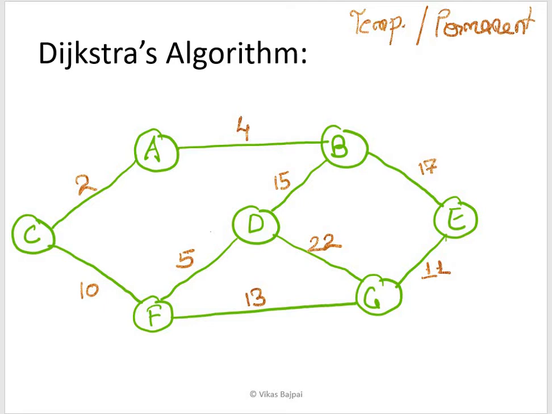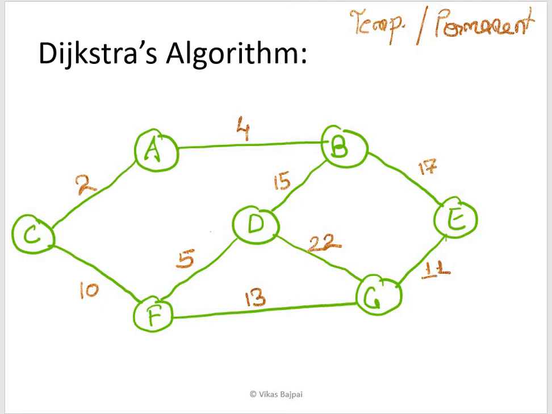Temporary labels are assigned to the nodes that have not been reached, while permanent labels are given to those nodes that have been reached and their distance or the cost to the source is known. So a node must be a permanent label or a temporary label, but it cannot be in both categories. I mean, labeling will be like one label on each node.